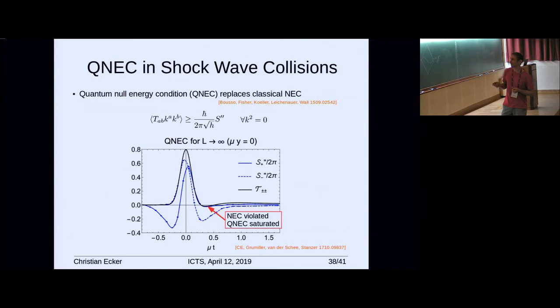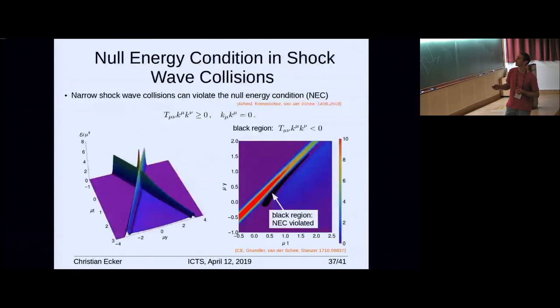Okay, now I understand what you mean. This is in the central region, at y equals 0. You evaluate this along this line, so you're really in the forward light cone.